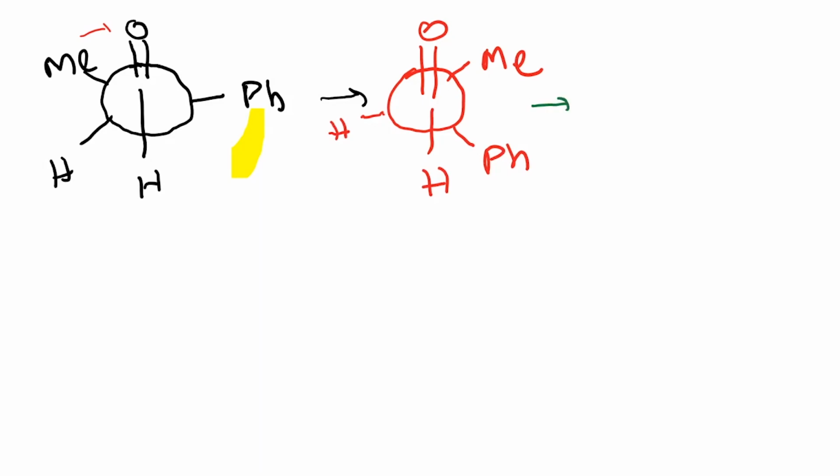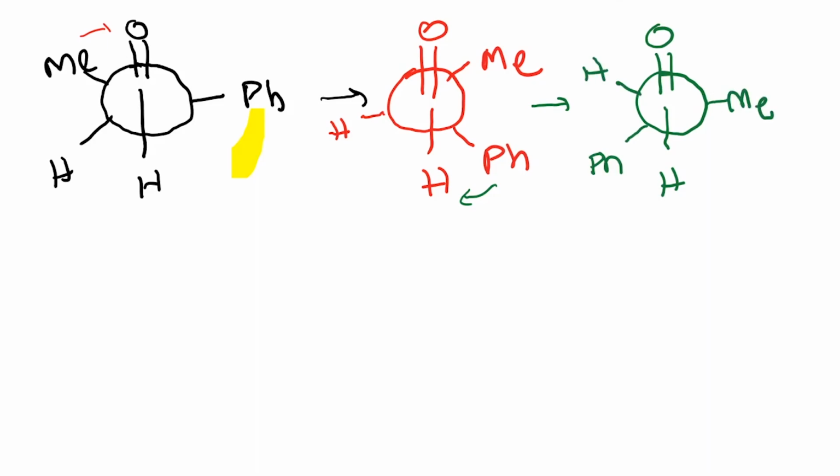Okay, now I'm going to draw one more conformation where I am doing more rotation over here, and here the C double bond O is here, hydrogen is here, and now what I've done is, since the phenyl ring is moved here, the methyl now becomes perpendicular to the carbonyl and hydrogen is very close to the carbonyl. Okay, now let me draw one more conformation where we do one more rotation.